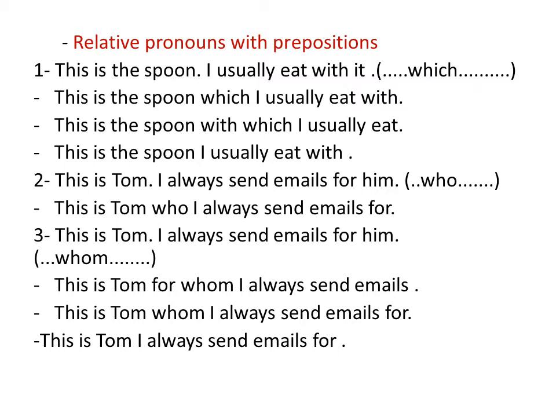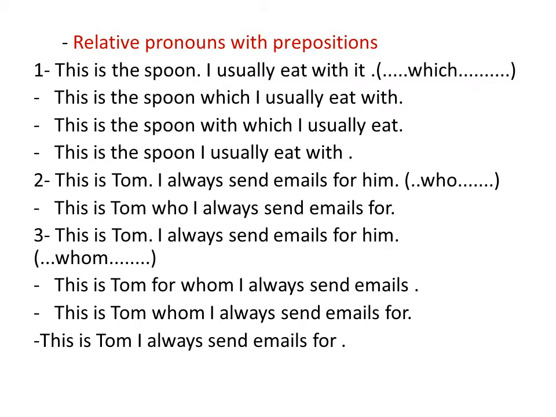Okay, let's move to example number 2. This is Tom. I always send emails for him. And he asks us to use who. So here in this example, we have the object pronoun him in the second sentence, which refers to Tom, and we also have a preposition which is for.